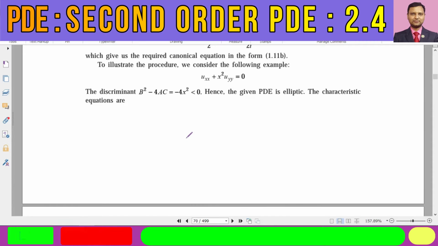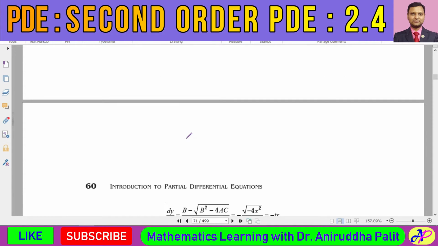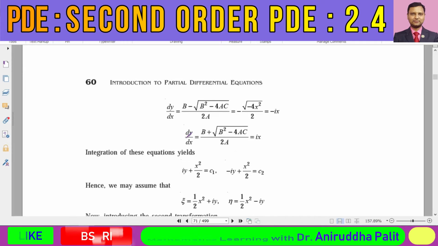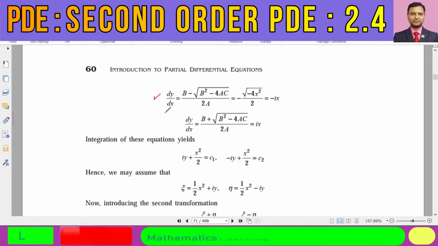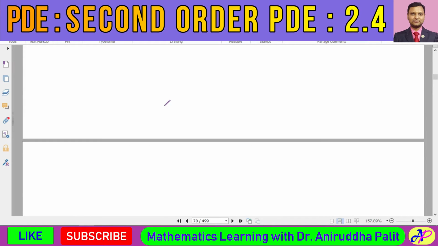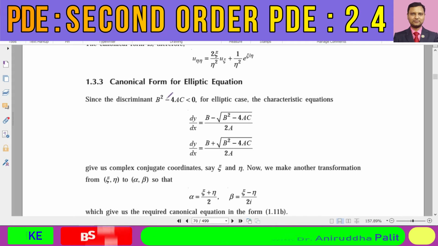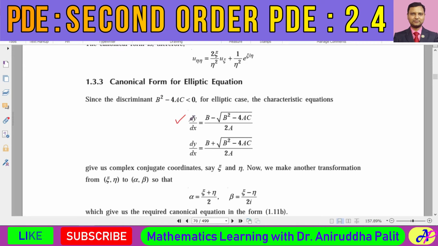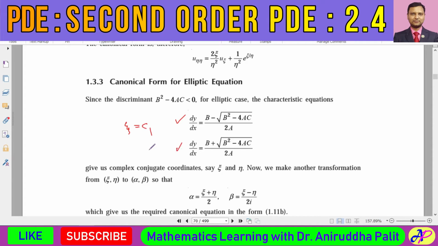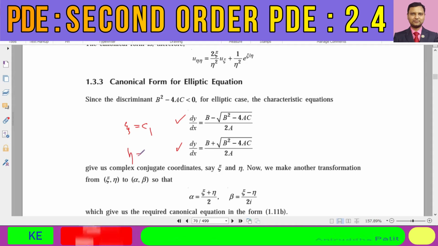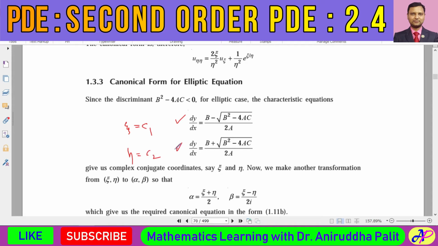So how to find the canonical form? If we compute dy dx, we have two different expressions of dy dx, as I discussed in the last case, one for the function chi equal to some constant c1, and the other for eta equal to c2.